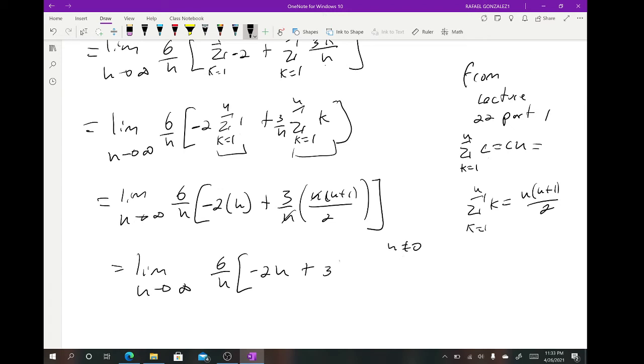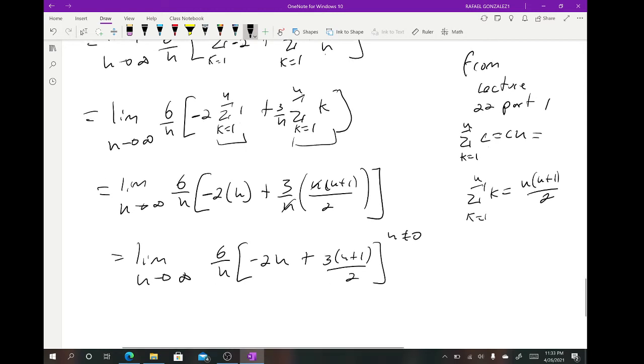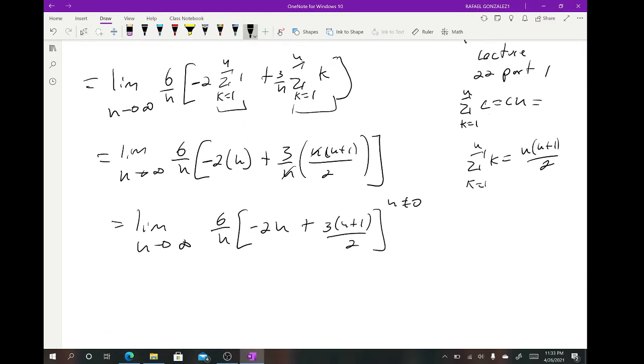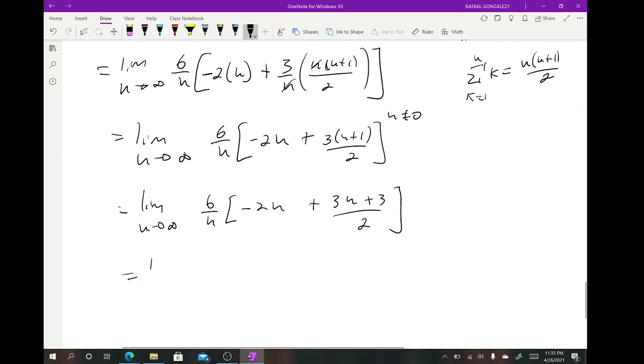So we have 3 times n plus 1 over 2. So this is equal to the limit as n goes to infinity of 6 over n times minus 2n plus 3n plus 3 over 2. And now we could combine fractions and then multiply and take the limit.